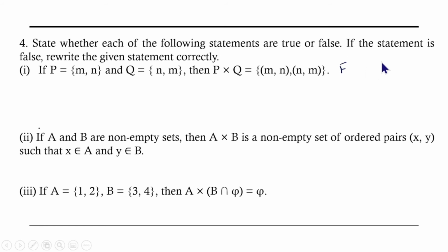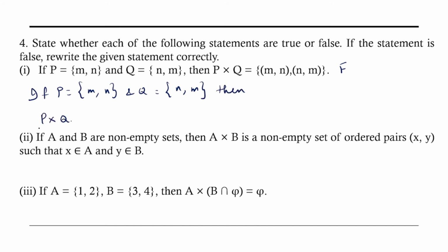And it is given that if the statement is false, we have to rewrite the given statement. So if P = {M, N} and Q = {N, M}, then P cross Q will be (M, N), (M, M), then (N, N) and (N, M).